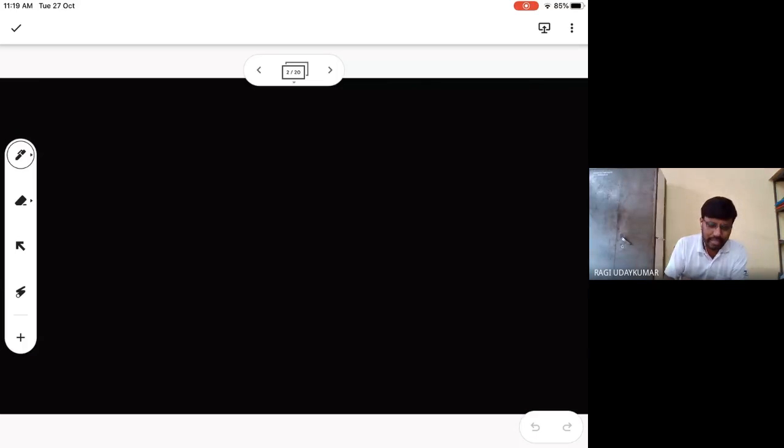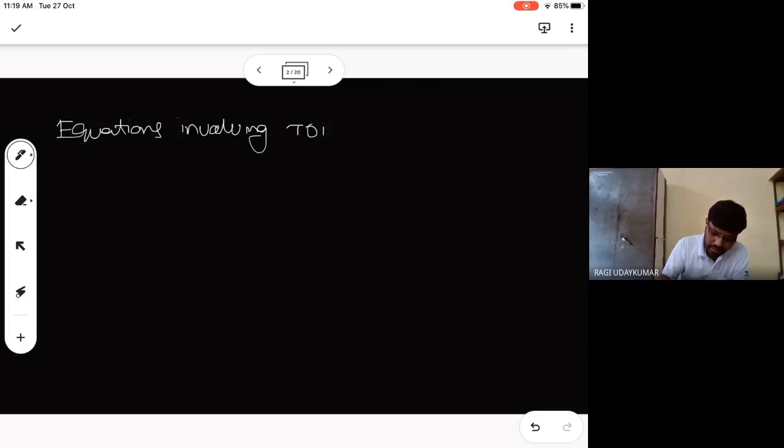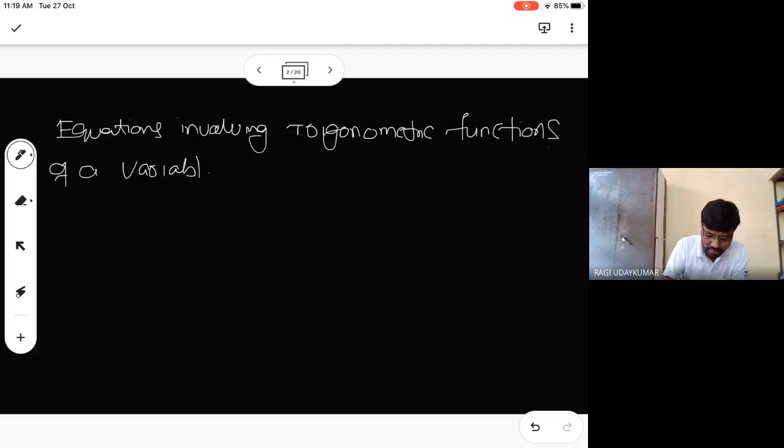Equations involving trigonometric functions of a variable are called trigonometric equations.